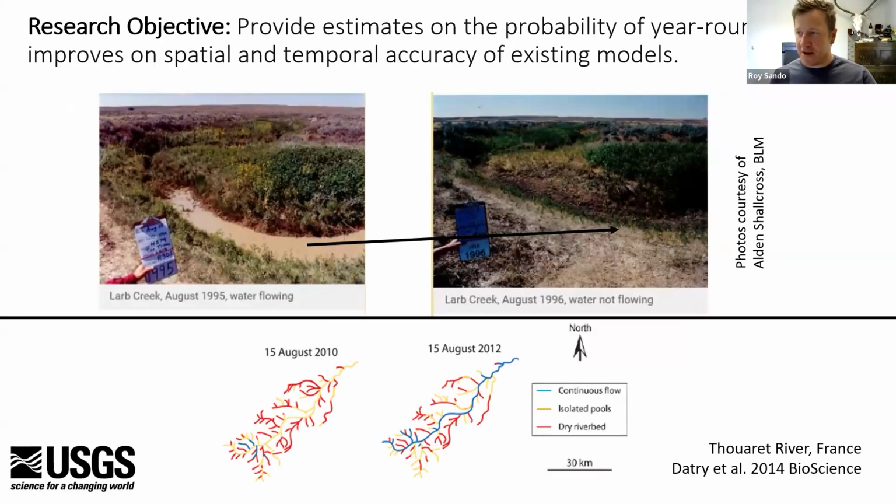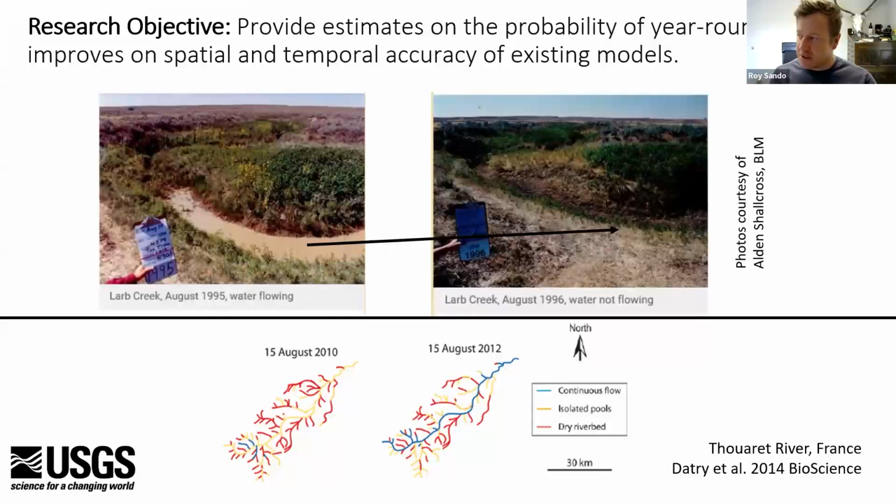So springboarding off of that, with our streamflow permanence work, particularly here in the USGS and across others, there's a lot of experts even on this call. A lot of what we've been trying to do with our projects is meet the objective of getting to year-round flow, predicting year-round flow that improves on spatial and temporal accuracy of existing models.